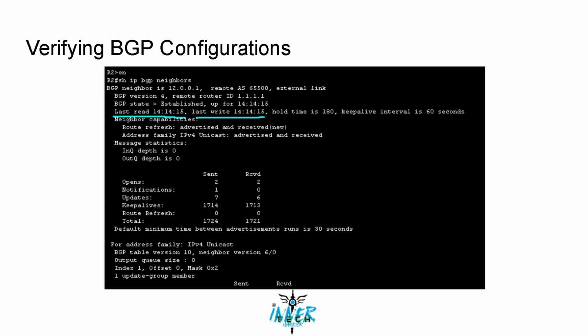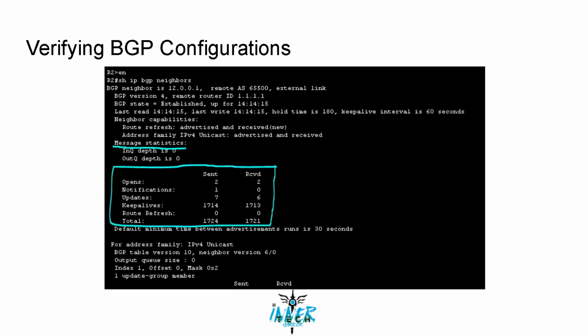Last read and last write show the last time a message was received from or sent to the neighbor. For example, last read 14:02:36, last write 14:02:36 means that the last message exchange was 14 hours and 2 minutes ago. So these values should be close to the current time and consistent with the keepalive interval.